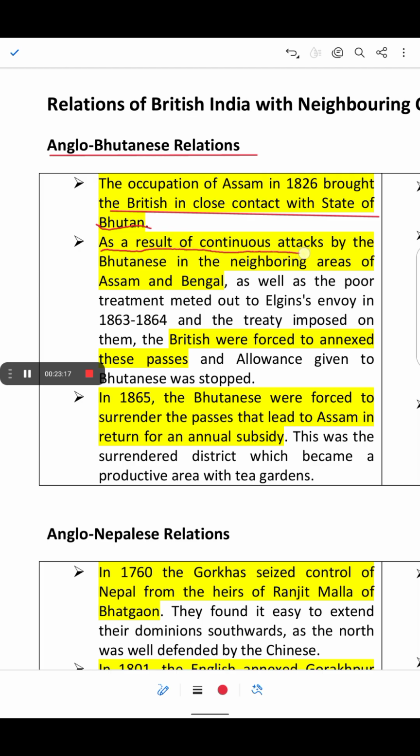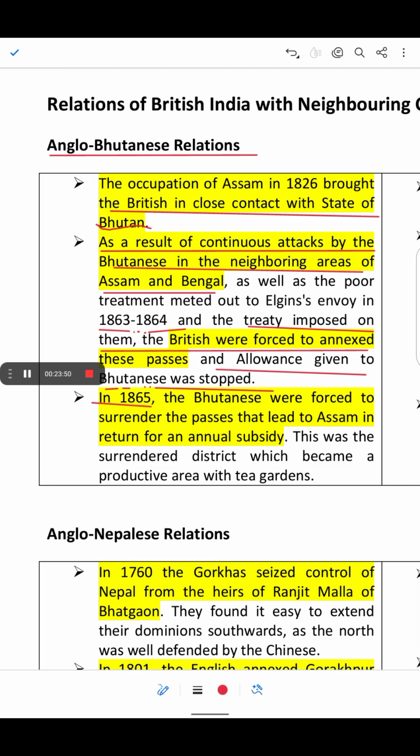As a result of continuous attacks by the Bhutanese in the neighboring areas of Assam and Bengal, as well as the poor treatment meted out to Elgin's envoy in 1863 to 1864, and the treaty imposed on them, the British were forced to annex these passes, and allowances given to the Bhutanese were stopped.